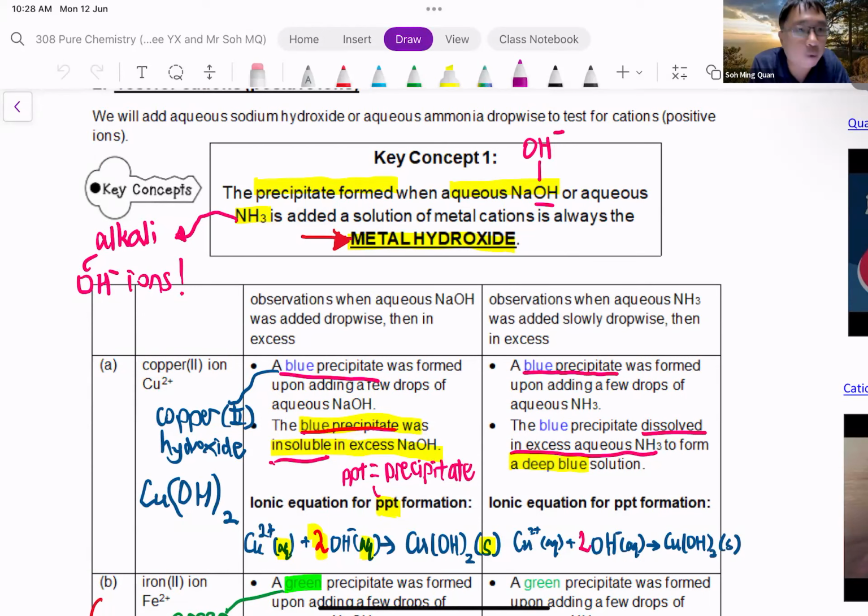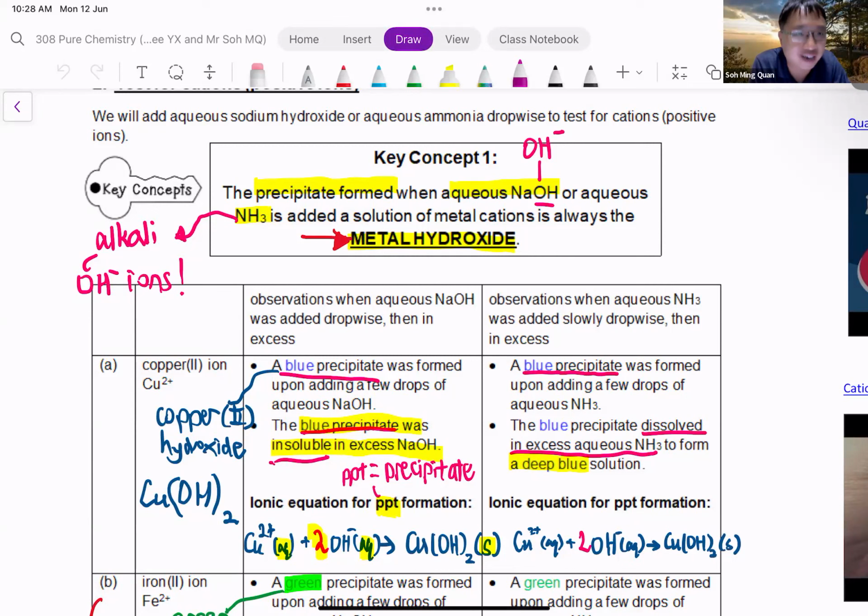Whether you use ammonia or whether you use sodium hydroxide, it's always the metal hydroxide that is formed as a precipitate. Okay? So for example, if you added sodium hydroxide to a solution containing Cu2+, a blue precipitate is formed, that's copper(II) hydroxide. If you add aqueous ammonia, a blue precipitate is also formed, that's copper(II) hydroxide as well. All right, please do not think otherwise.